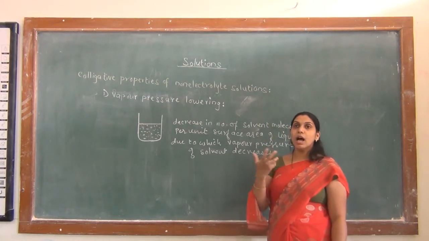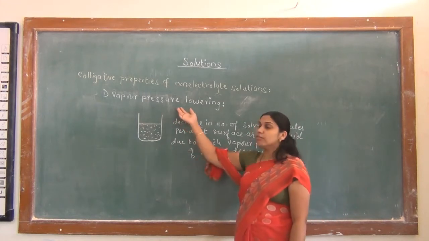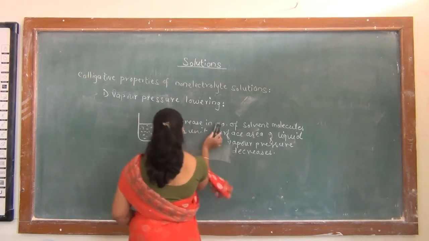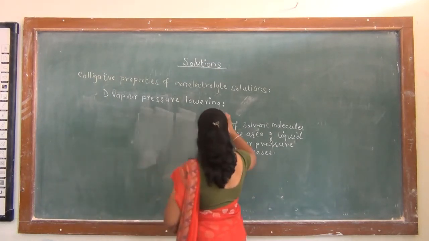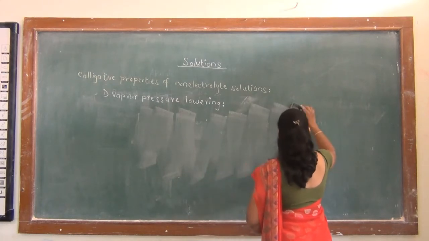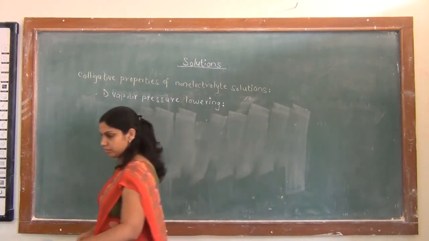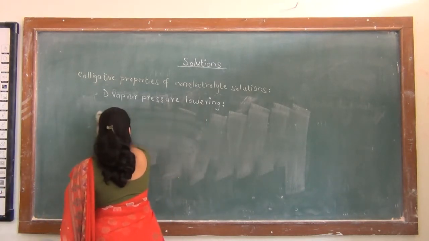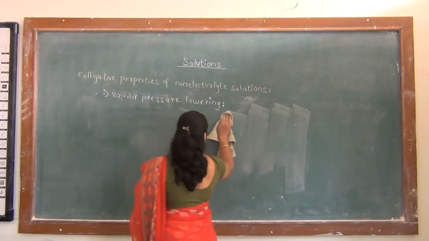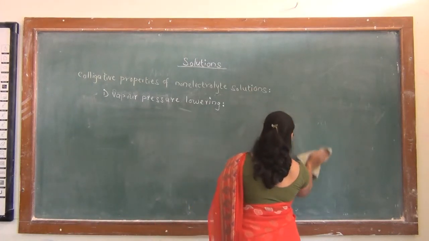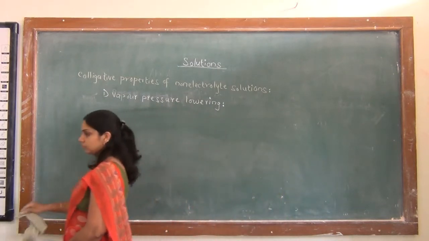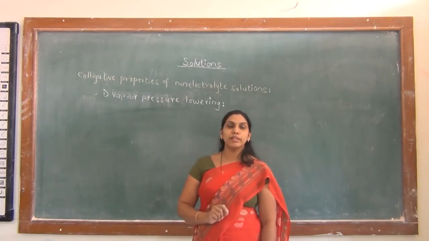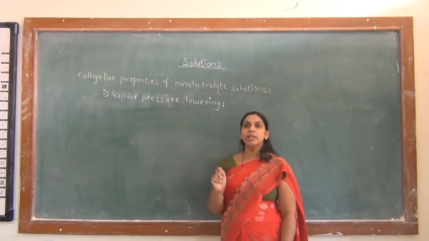Now we'll see how we can mathematically express the vapor pressure lowering. Consider a pure liquid which is solvent and its vapor pressure be P01.